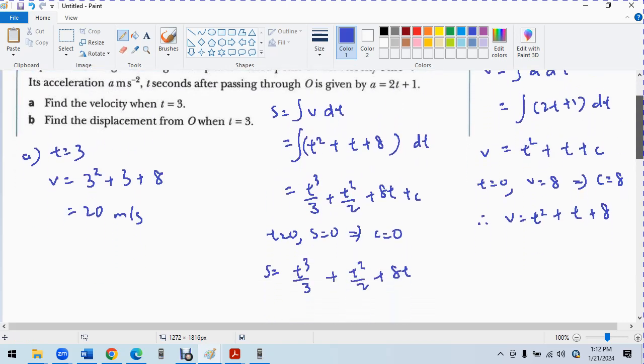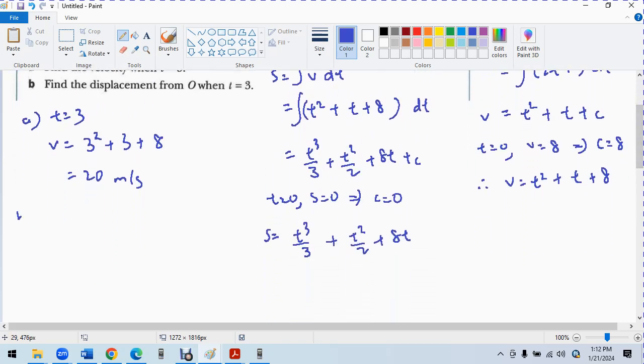So when t equals 3, the s equals 3 cubed over 3 plus 3 squared over 2 plus 8 times 3. So we have 9 plus 9 over 2 plus 24, 33, and then 37.5.